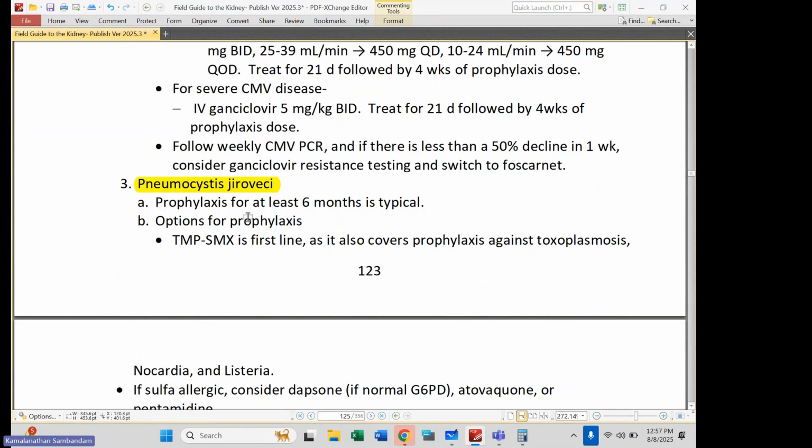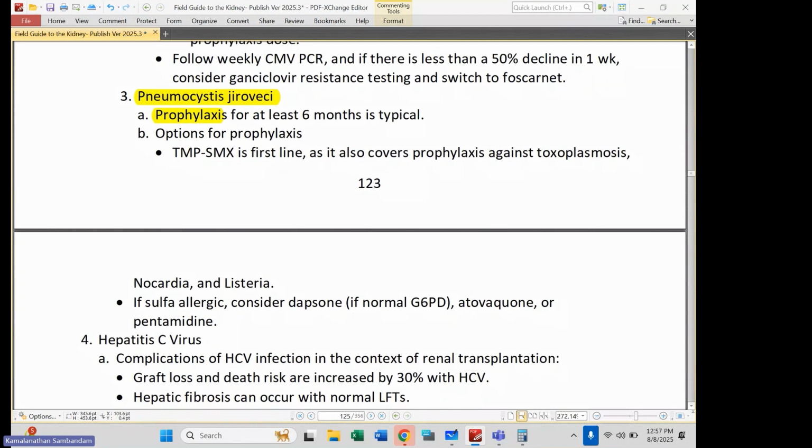PJP pneumonia is something that we try and prevent with prophylaxis. Each center has their duration of prophylaxis that they prefer. It's usually somewhere between 6 to 12 months. Bactrim is our usual go-to. Remember, it has an anti-toxo effect.